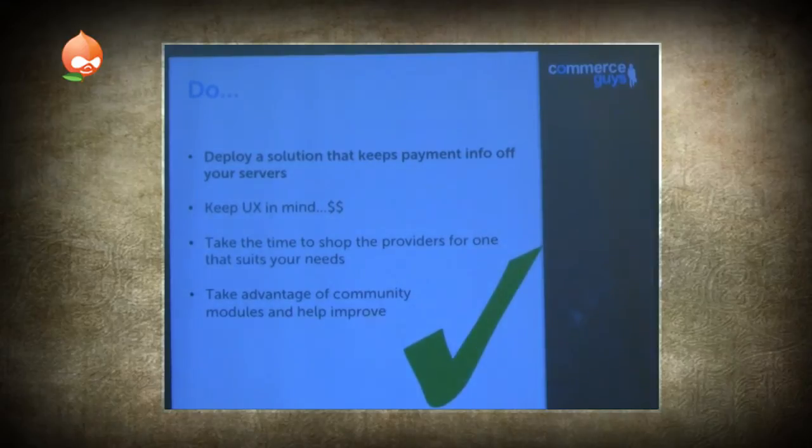Take the time to shop providers for one that fits your needs. They have different cost structures. They have different services that they provide, and right now it's still a little bit wild in that you have to do your homework to see, okay, we can use Braintree as basically the collector of sensitive information.